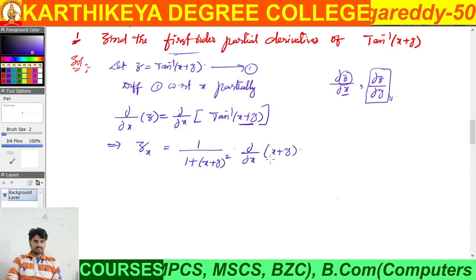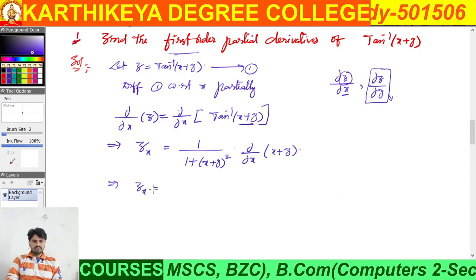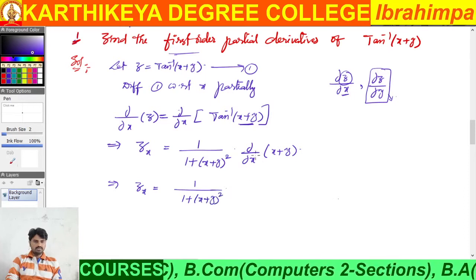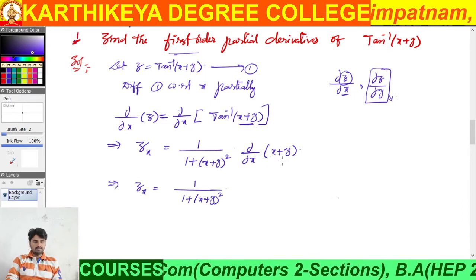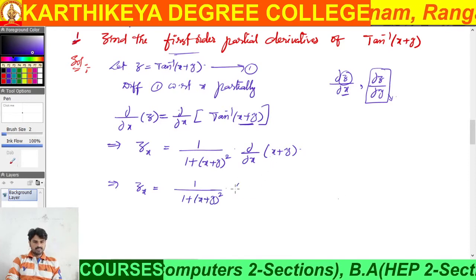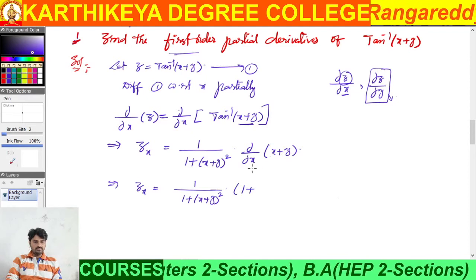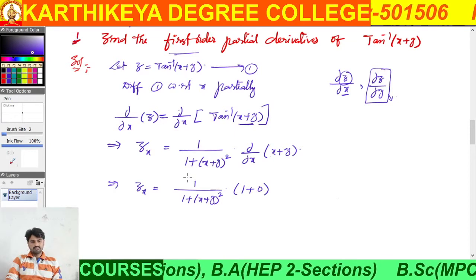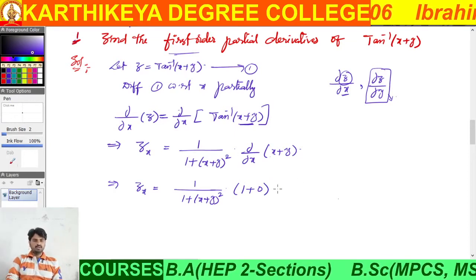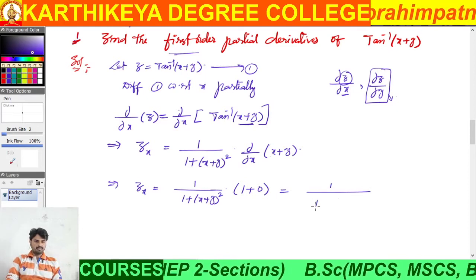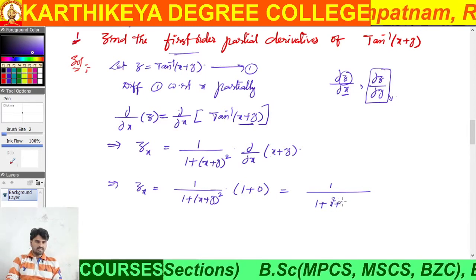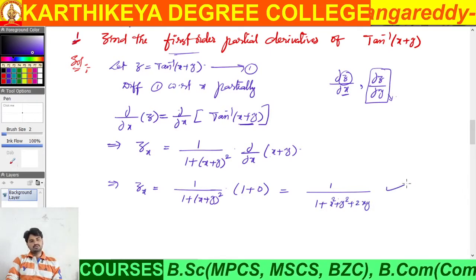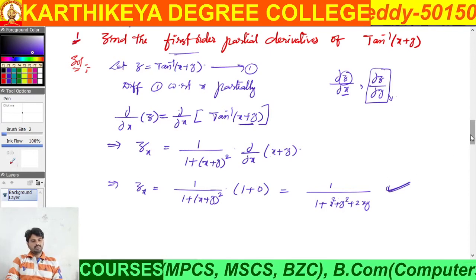So z at x is equal to 1 by 1 plus x plus y whole square into the derivative of x plus y. The derivative of x with respect to x is 1. The derivative of y with respect to x is 0, because when differentiating with respect to x, y is treated as a constant. Simplifying, you get 1 by 1 plus x plus y whole square, which is x square plus y square plus 2xy, and 1 plus 0 means 1. So this is the first order partial derivative with respect to x.